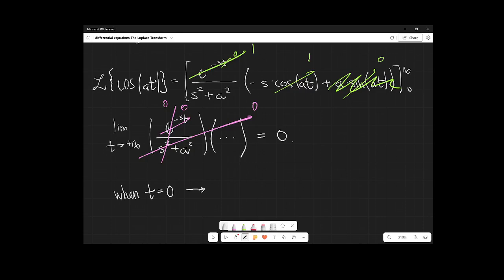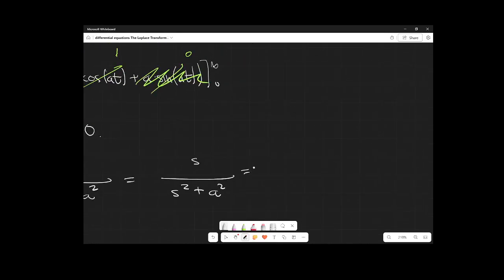But remember, we evaluated that upper limit to be 0, so we come in here with the 0 minus the negative, that cancels, and that just equals positive s over s squared plus a squared, which is the Laplace transform for the function cosine at.